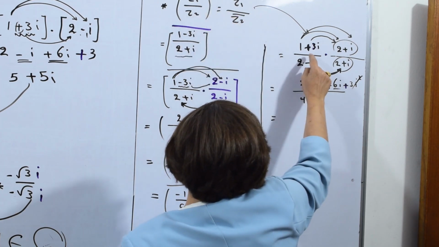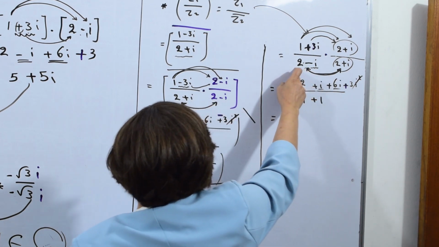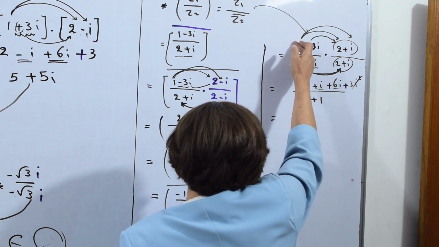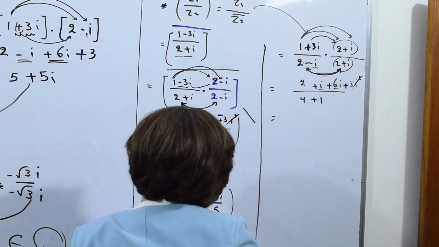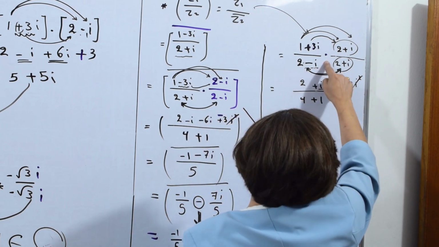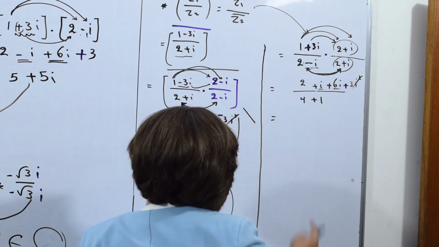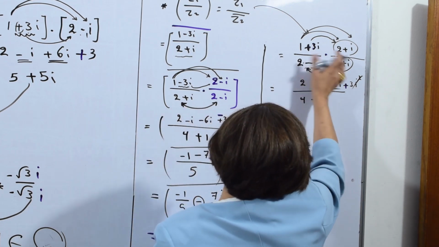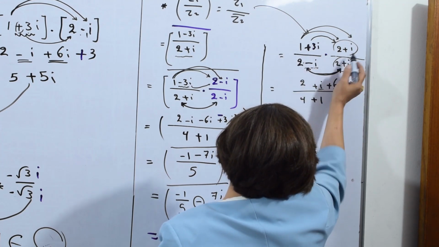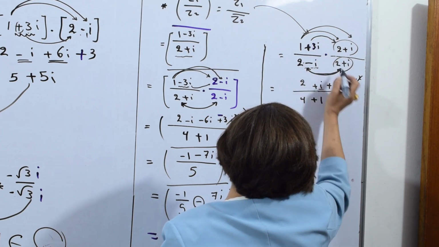I take this side, you see, I take the conjugate number for Z1, it's 1 plus 3i. Conjugate for Z2, 2 minus i. Directly I took the conjugate of the numerator and the conjugate of the denominator. I see an imaginary unit, so it must be times the conjugate of the denominator. By distribution, 1 times 2 give me 2. 1 times i give me i. 3i times 2 give me positive 6i.